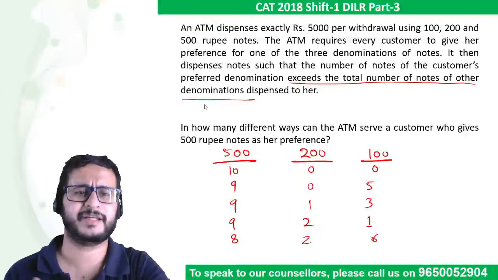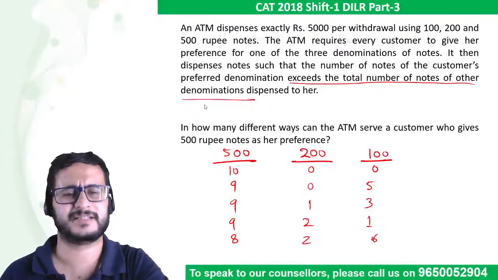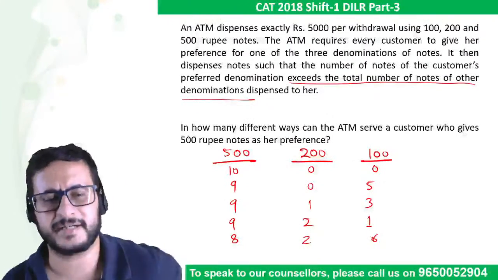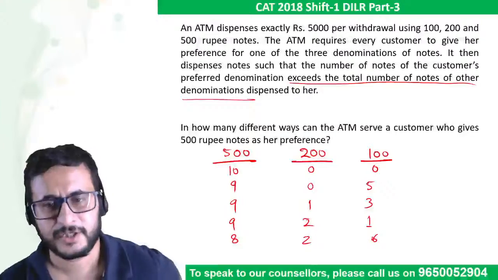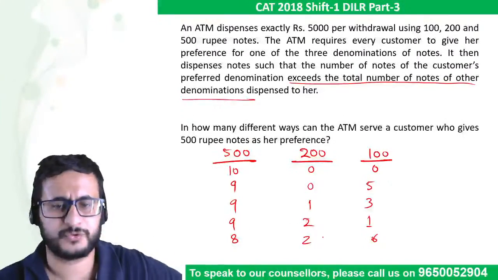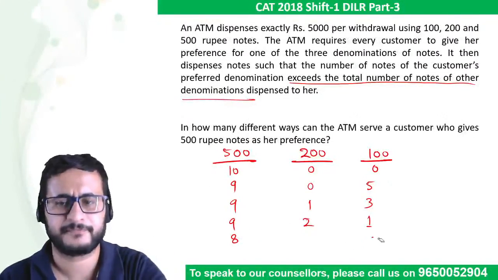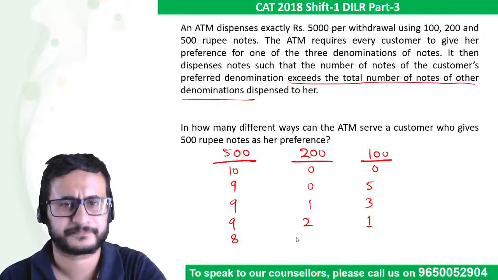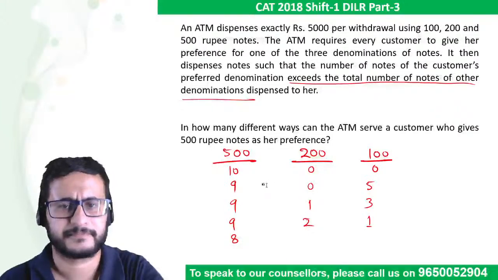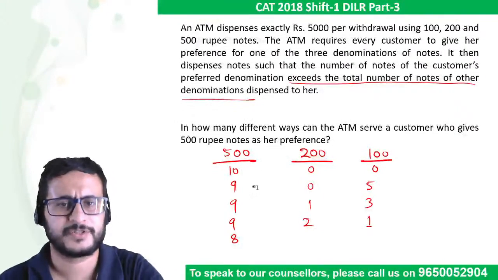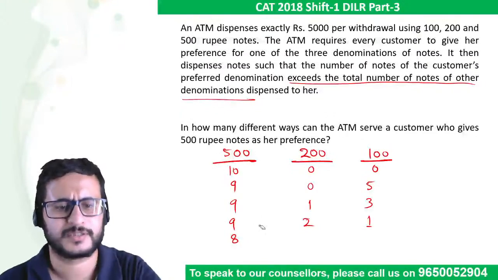That is like saying the third side length is greater than the other 2 sides, right? So you cannot have 2 notes. So you will have a minimum of 3 notes.